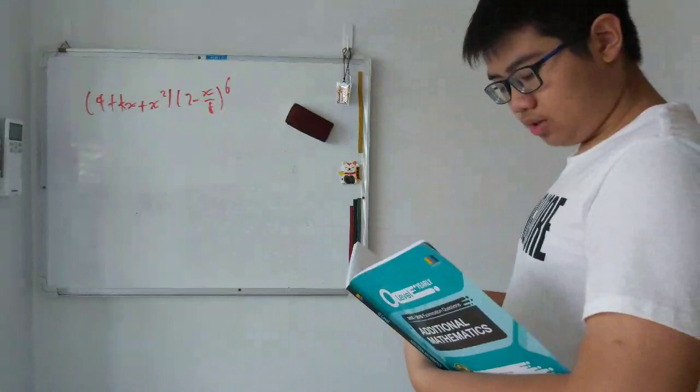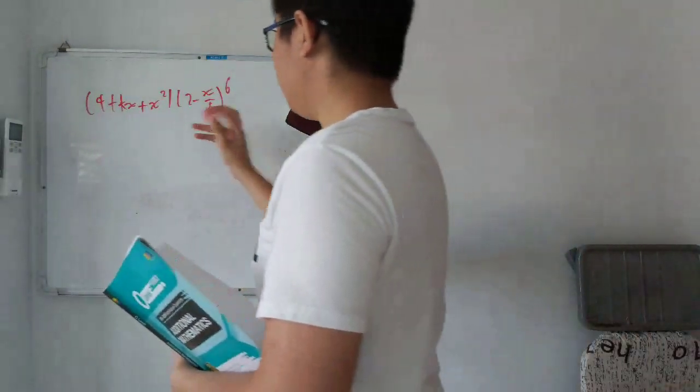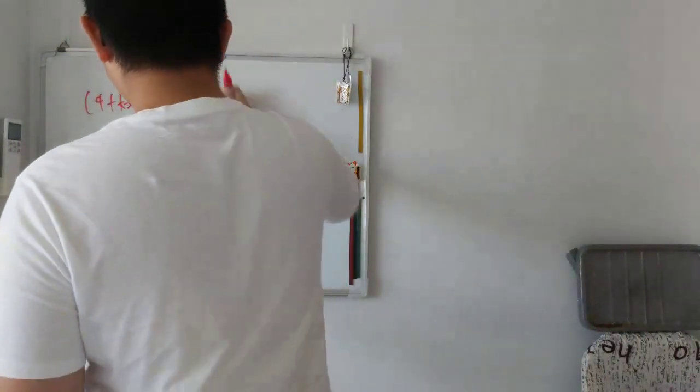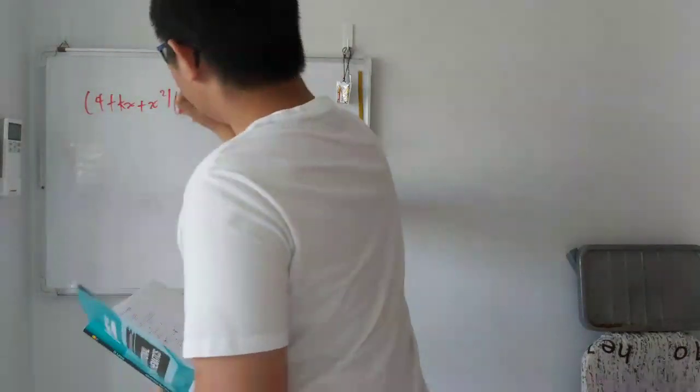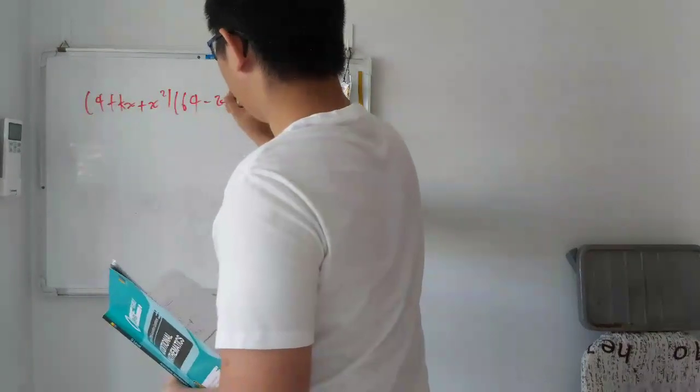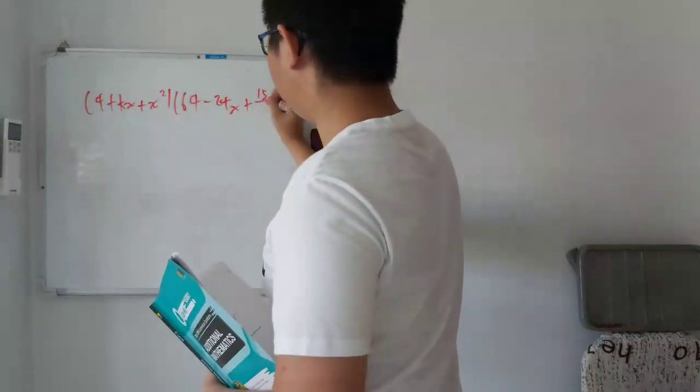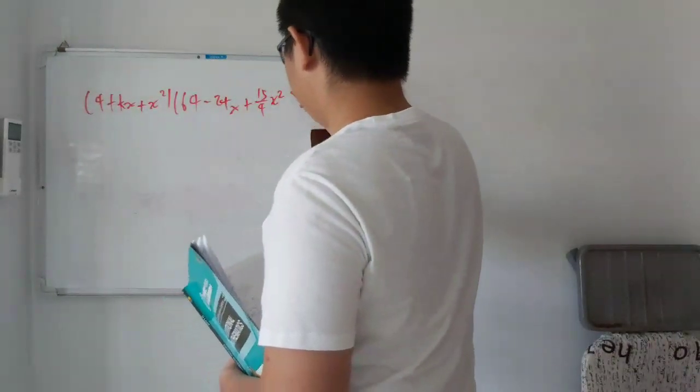We can actually change this over here, because we have the first three terms of the expansion, we'll just change this to 64 minus 24x plus 15 over 4 x squared plus dot dot dot.